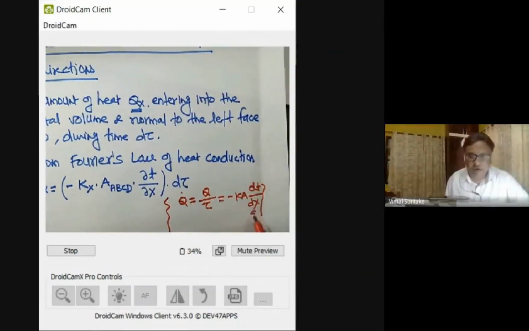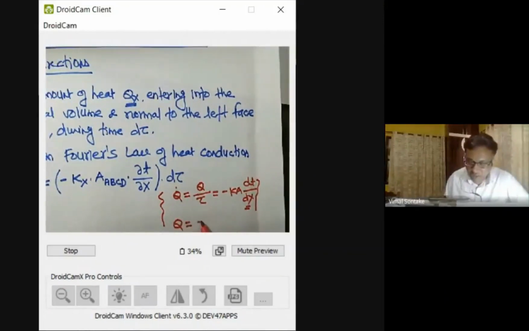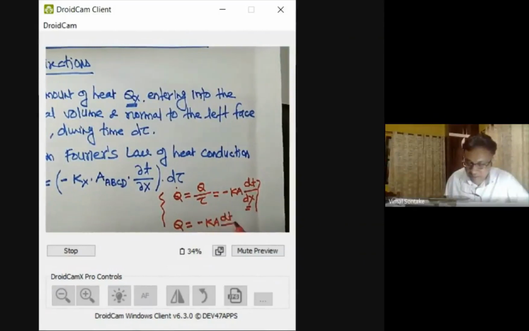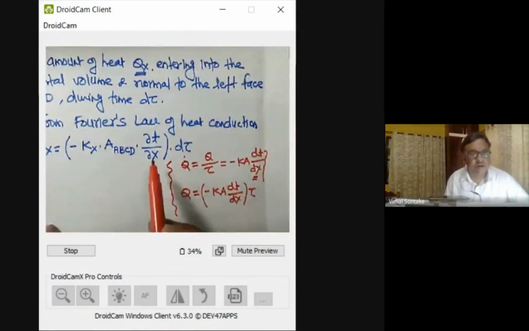It is also called the length of the path of heat flow. So if I am interested in the amount of heat, I have to multiply this entire rate equation by time. So the same thing I have done here.